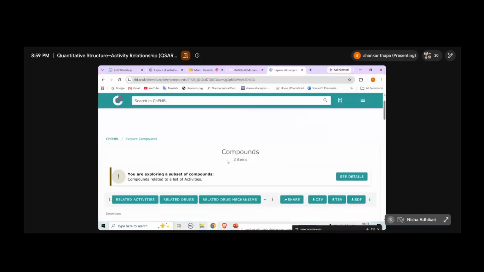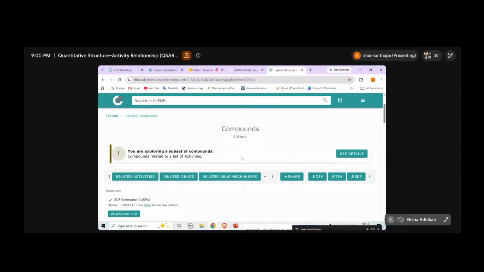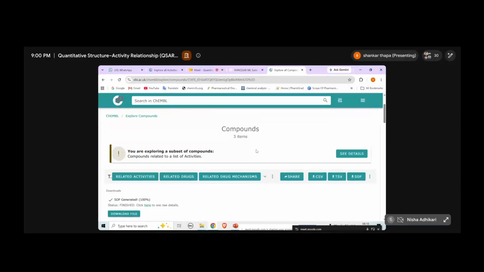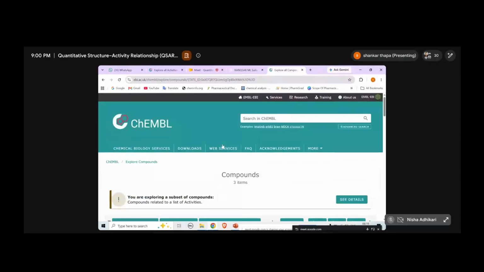For downloading, you can download 1,000 compounds also, but the condition is that those 1,000 compounds should be in that particular assay format. In our assay format, only 3 compounds were there, so that's why we were able to download only those 3 compounds.